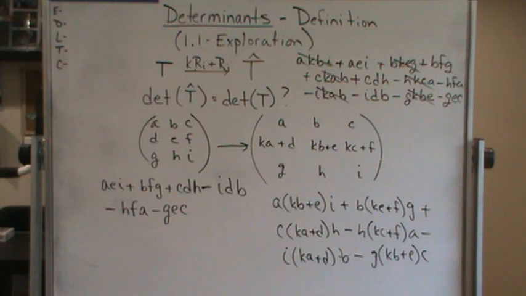Now what we're going to do is compare the determinant with row swaps. Okay? And here we're going to hit a snag. Okay, and let's just go through one.